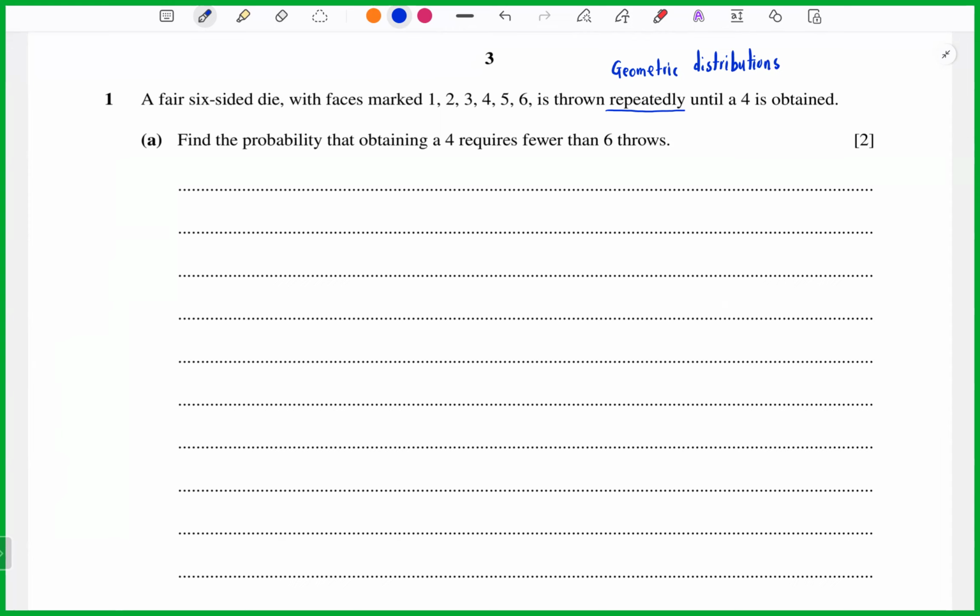So the probability of getting a 4 is equal to 1 over 6.